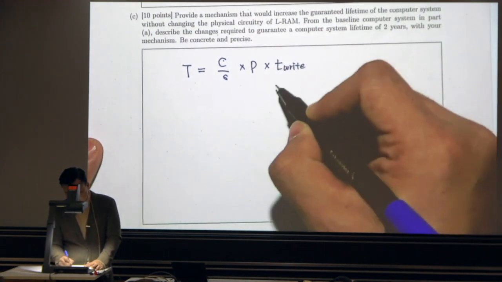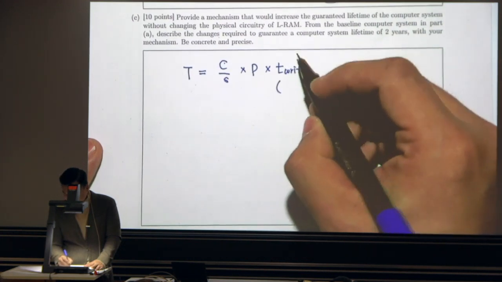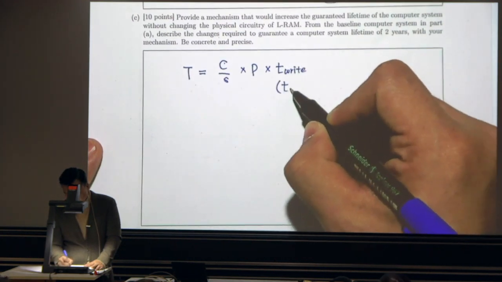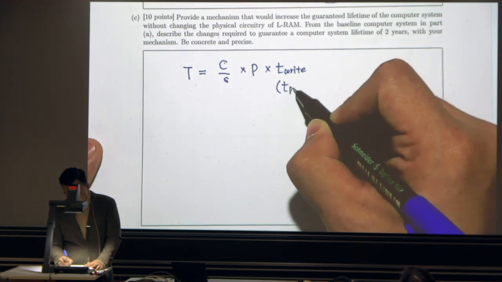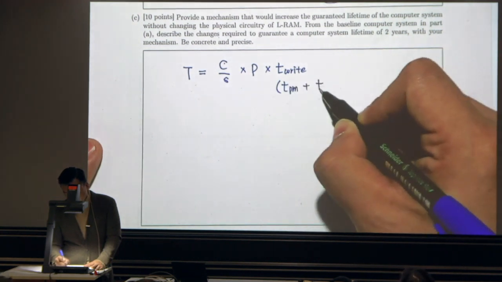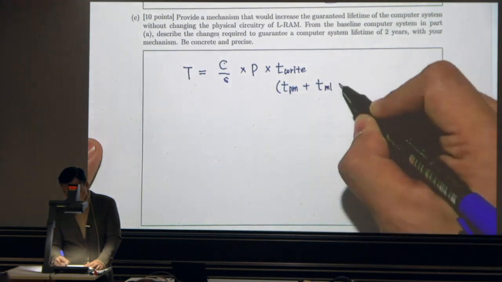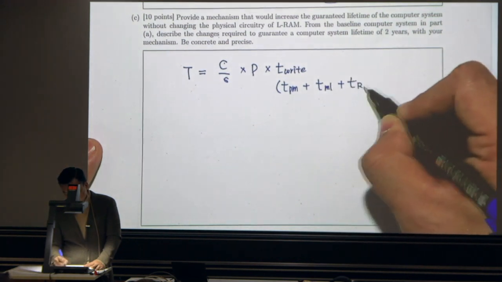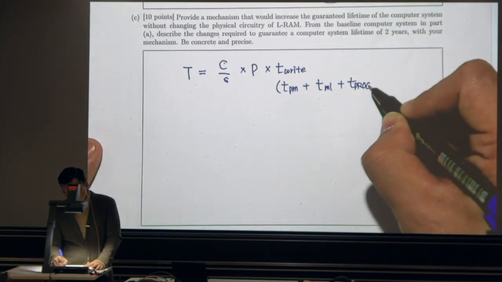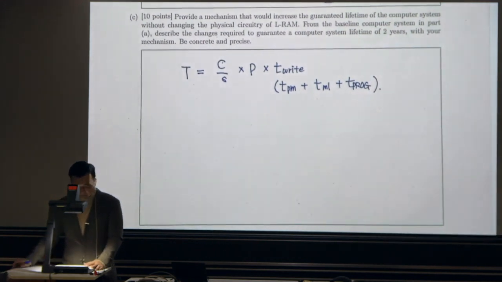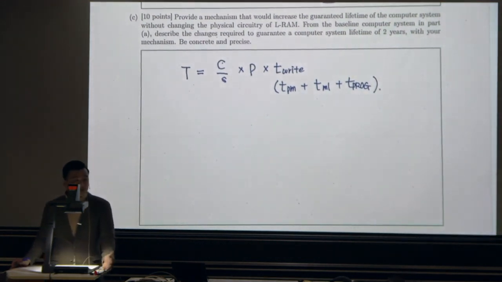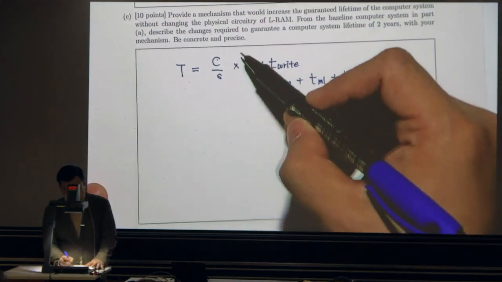And effective write latency is composed of processor to memory controller transfer time, memory controller to LM transfer time, and the program latency of LM. So we cannot change any circuitry of LM.